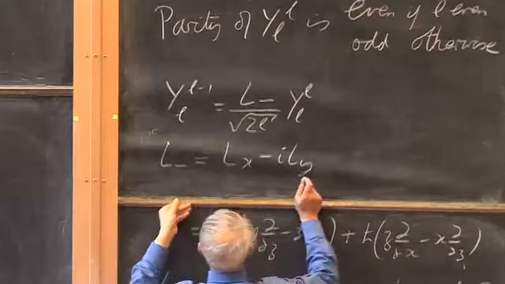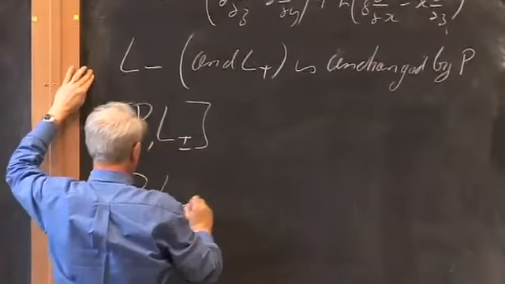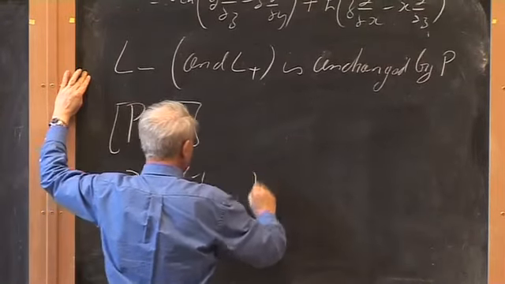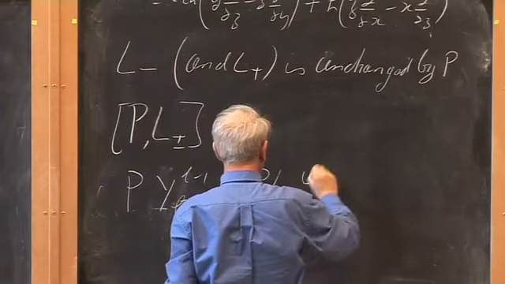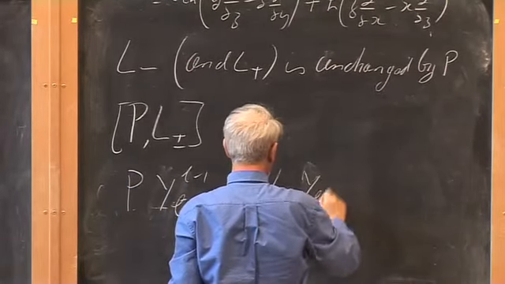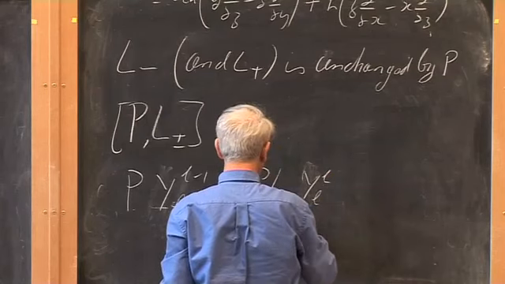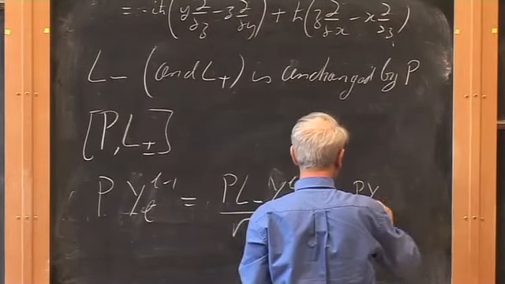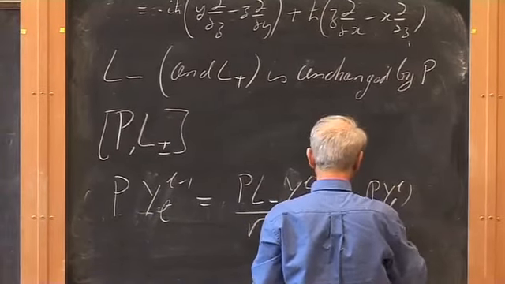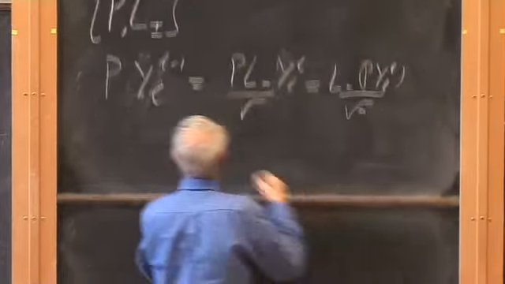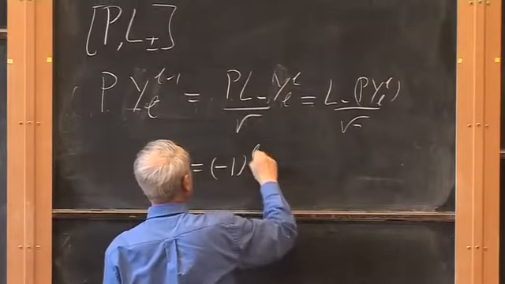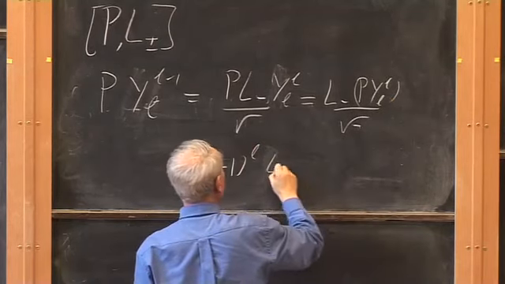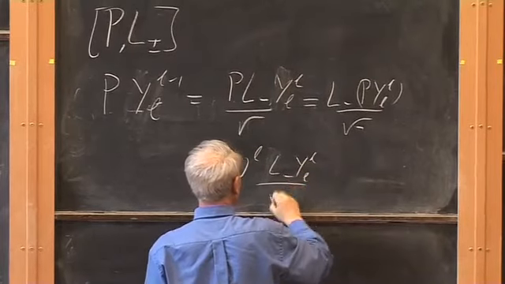Let me just write that argument down. So we have that P on Y L minus 1 is equal to P L minus YLL over some square root, that's not interesting, is equal to L minus P YLL over the square root, which is equal to minus 1 to the L times P times, this thing produces YLL. So we have L minus YLL over the square root.